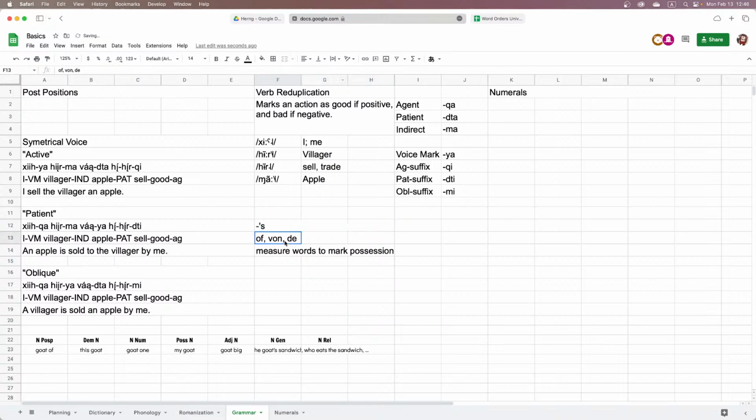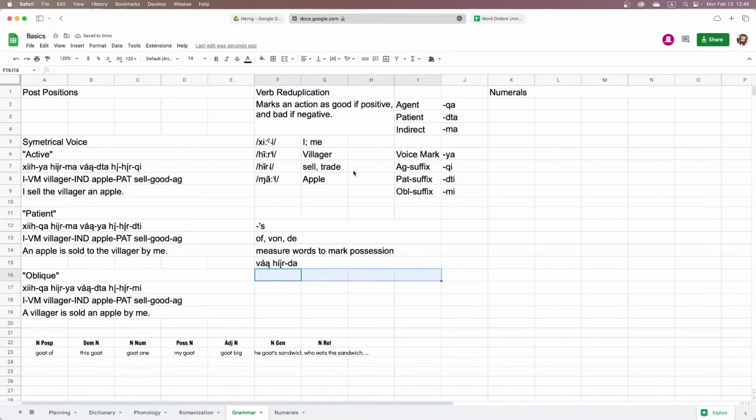Whoops, just hit my mic by accident. So we could say, since we have the genitive of the possessing thing coming afterwards, we could have something like va her da, where it would be apple, villager, edible.